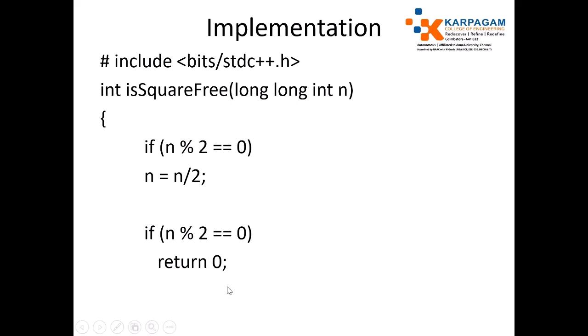So immediately you can say that it is not a square free number. So this is for pre-processing. It speeds up the logic. If it is not an even number, this condition will not work.